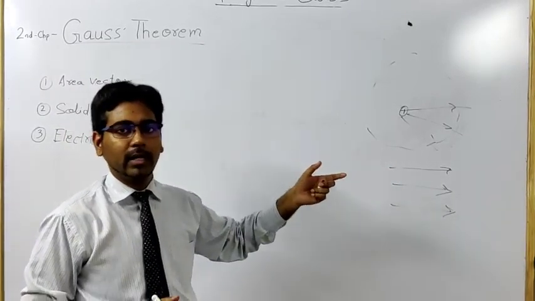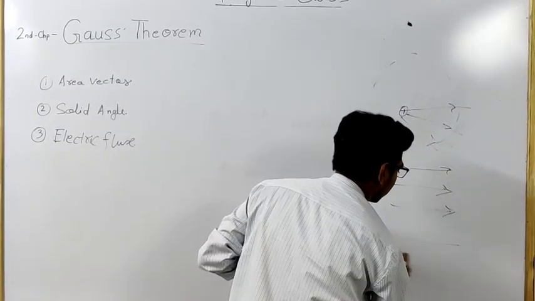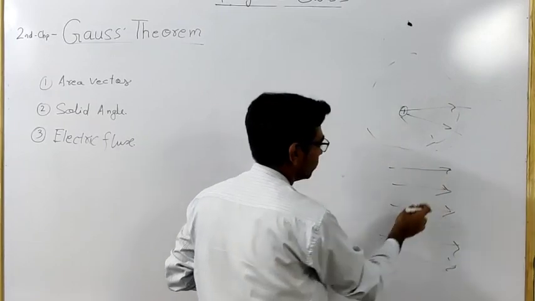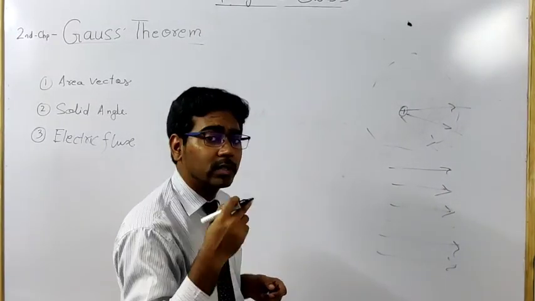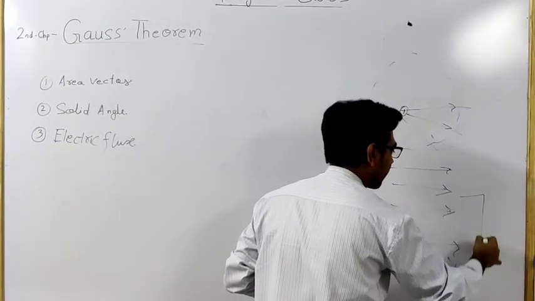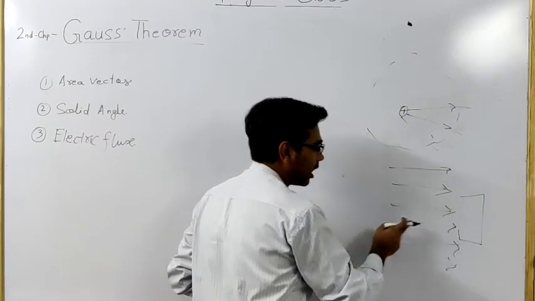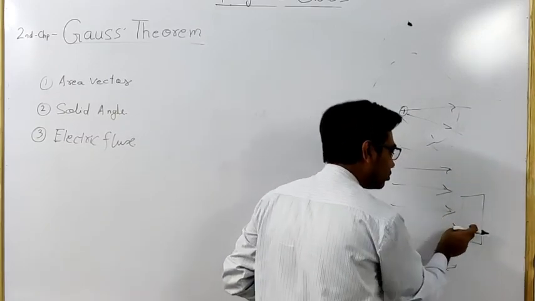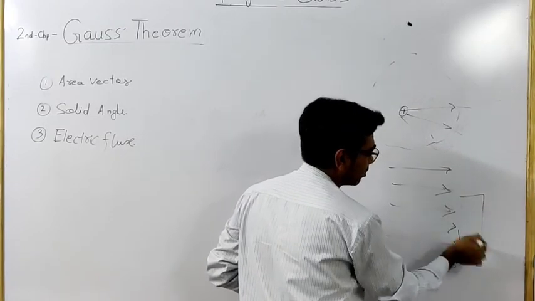And what is that property? It is the measure of the property. These are the lines of forces, for example: 1, 2, 3, 4, 5, 6. Then what is electric flux? If you place an area like this in the electric field, then how many lines of forces are passing through the area? 1, 2. Okay, this is not passing, this is not 1 and 2.